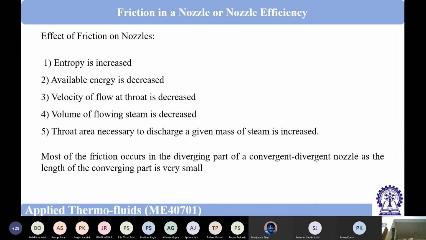Generally, we neglect frictional loss in the convergent part because it is very small. The entire frictional pressure drop is happening in the divergent part. Now I will ask you, why is the convergent part small and the divergent part large?